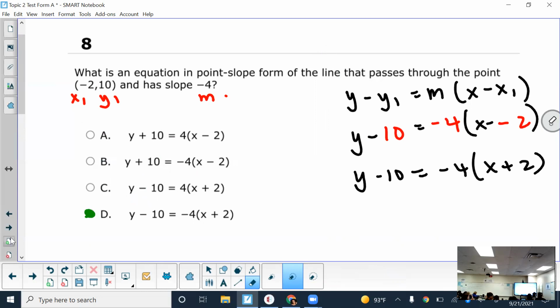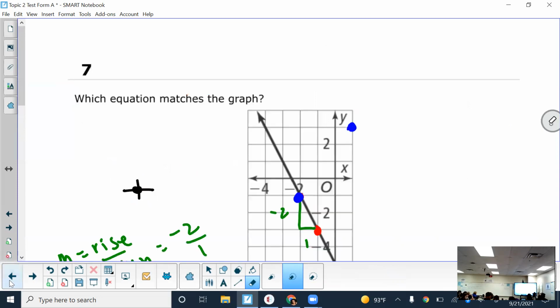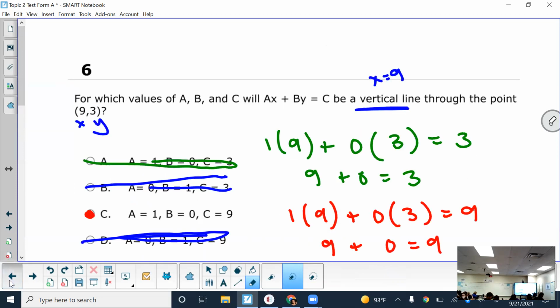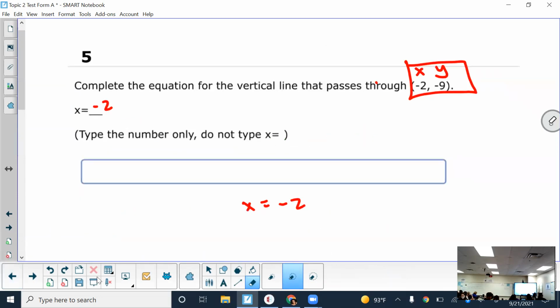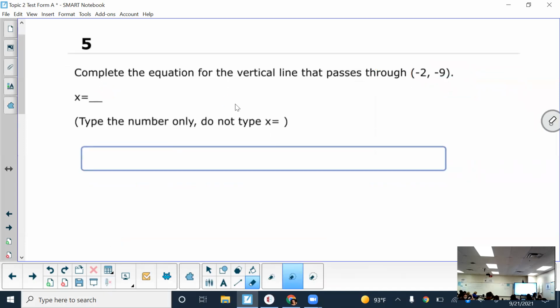All right, 5 was the next request, so we're gonna do 5 next. Complete the equation for the vertical line that passes through -2, -9. It kind of helps you out by giving you part of the equation. It says x equals blank.